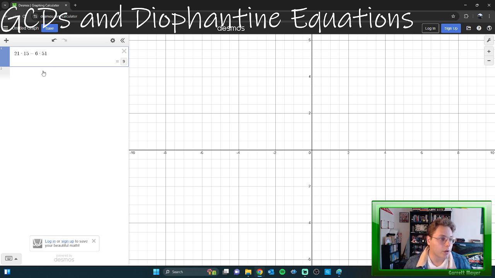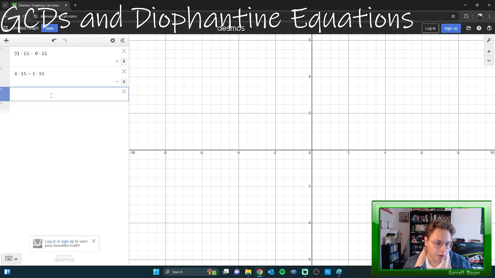However, there are also other solutions to this equation. For example, one simpler solution could be 4 times 15 minus 1 times 51, and that's just 9. Another solution that's a little more complicated could be, for example, 38 times 15 minus 11 times 51.